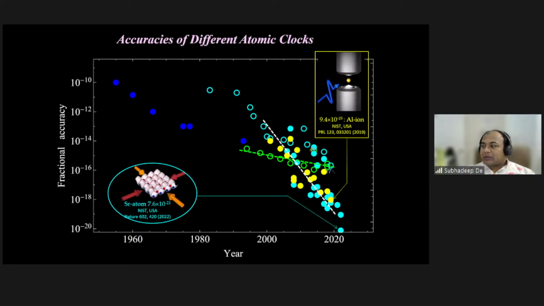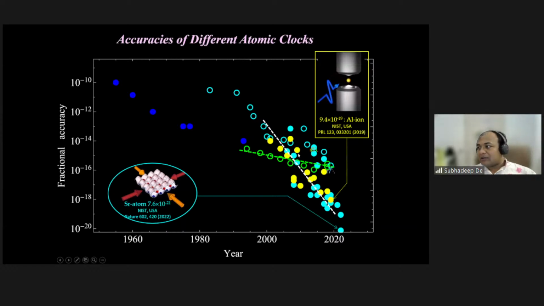So to start with, let's look into the present accuracies of the optical clock. In the plot you see here, the x-axis is the years and the y-axis is their fractional accuracies, that means delta t by t or delta nu by nu, both are the same. These green dots are fountain clocks, which I was also showing in my last lecture, and they have reached the order of 10 to the power minus 16.